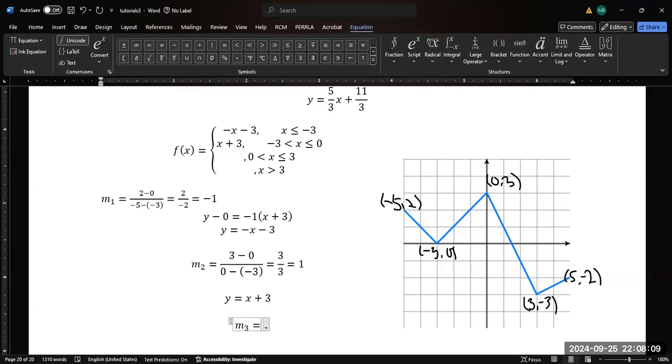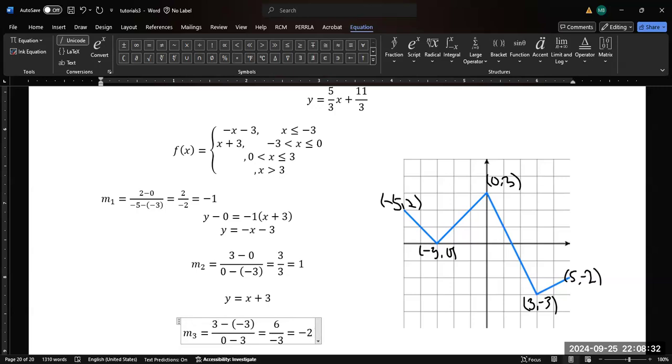M3 is going to go between (0, 3) and (3, -3). So 3 minus -3 divided by 0 minus 3. So that's going to give me 6 over -3, which is going to be -2.